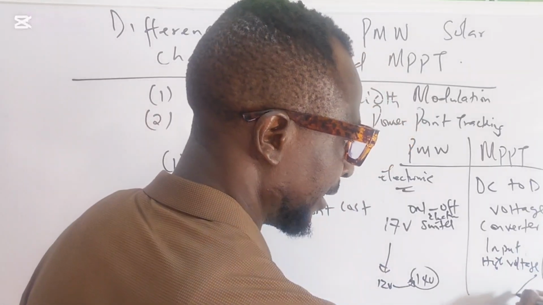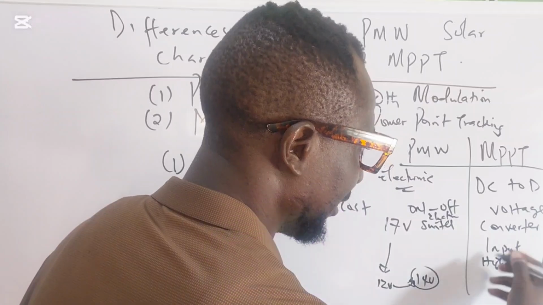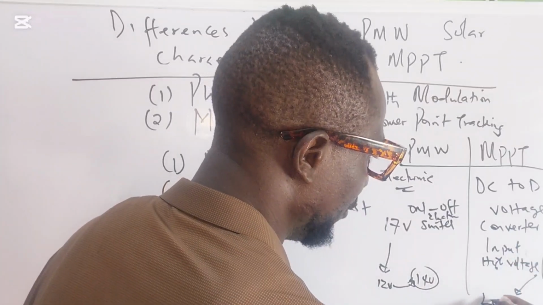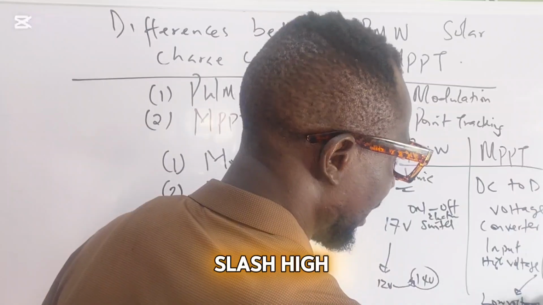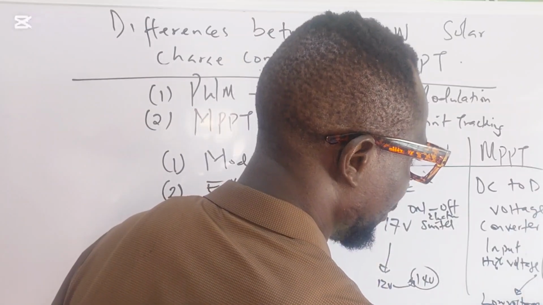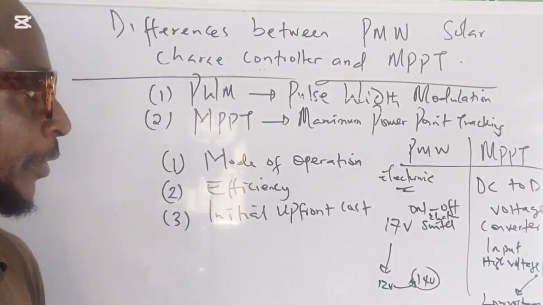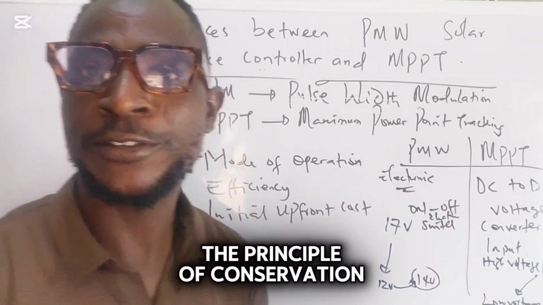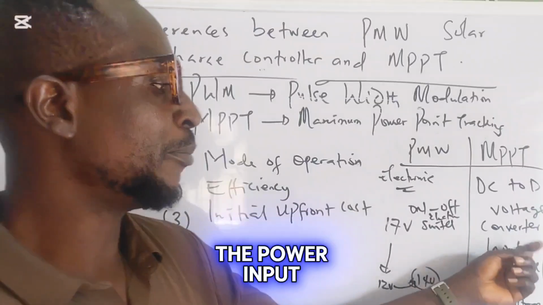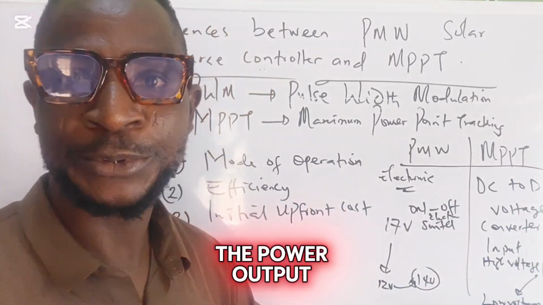It takes this to your battery. At your battery, it converts it to low voltage, slash high current. And you know, in the principle of conservation of power, the power input must be equal to what? The power output.